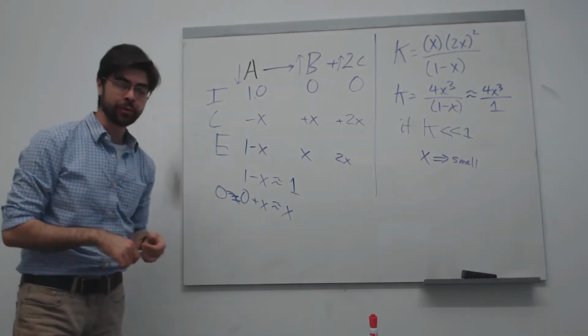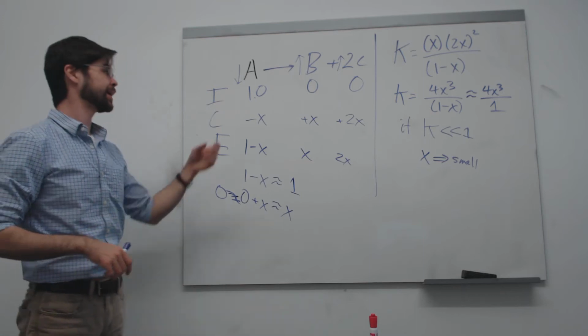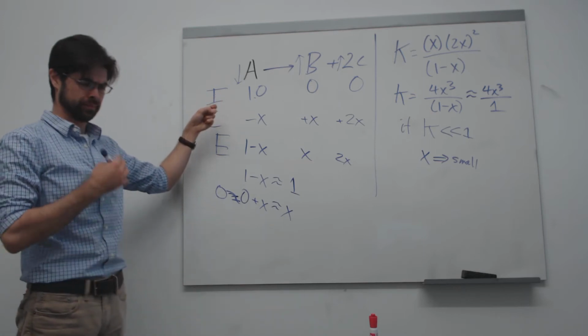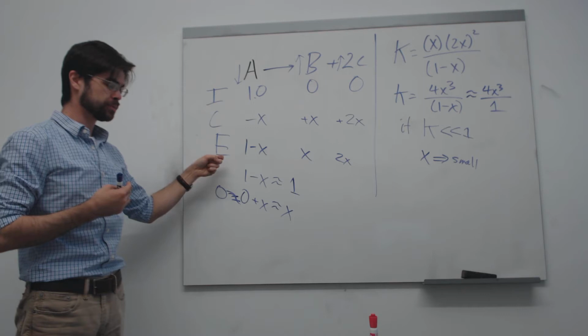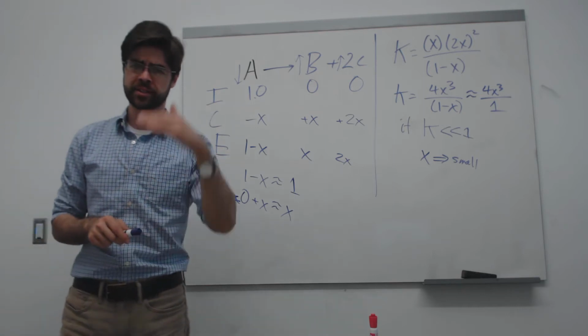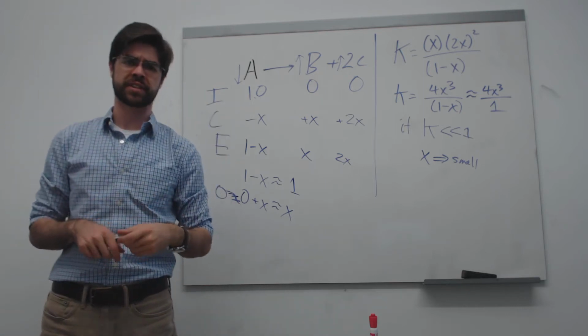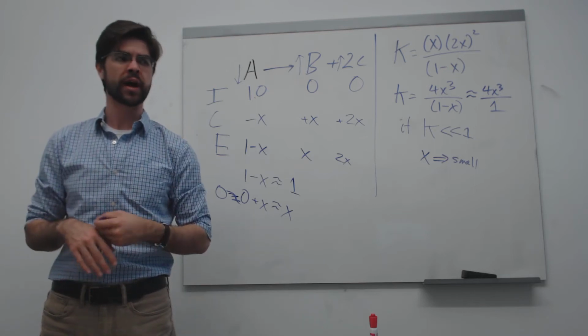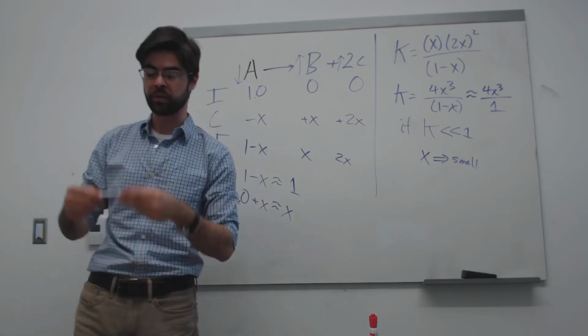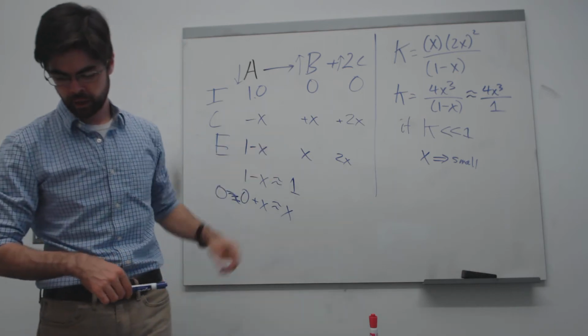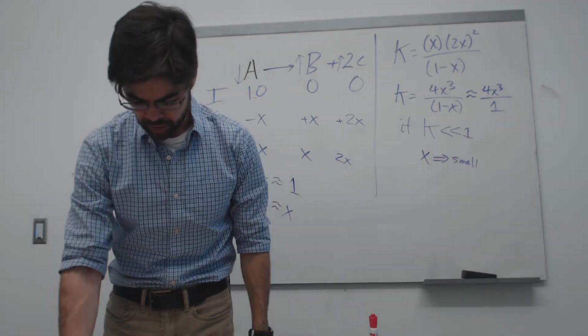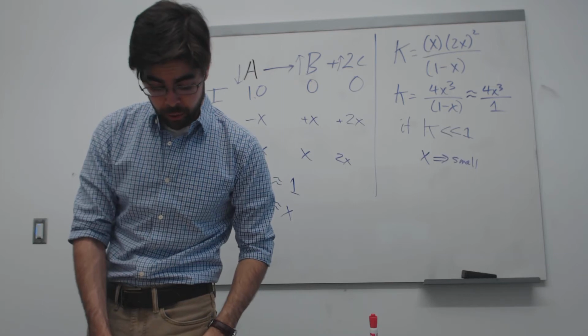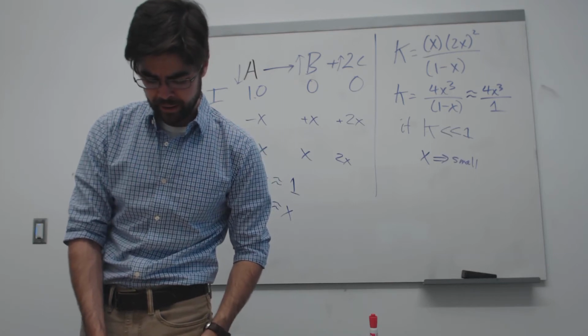So why would you use an ICE table for that? Again, ICE stands for initial, change, equilibrium. It's describing a passage of time, a process that has occurred. So anytime you have a problem dealing with before equilibrium and post-equilibrium, you'll end up using an ICE table for that.